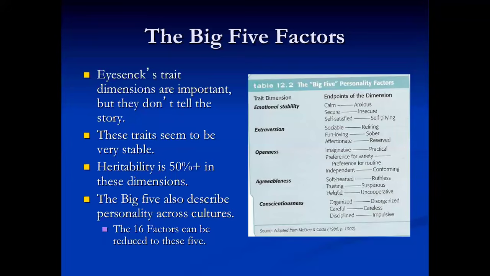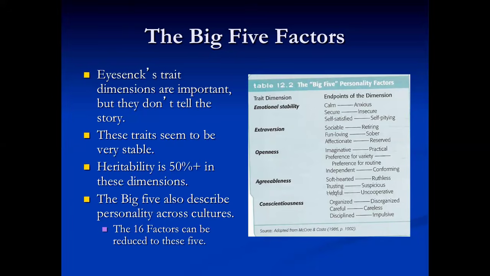Now, what's interesting is that these 16 factors can be further reduced to the big five. And the big five is probably one of the more powerful models of personality.